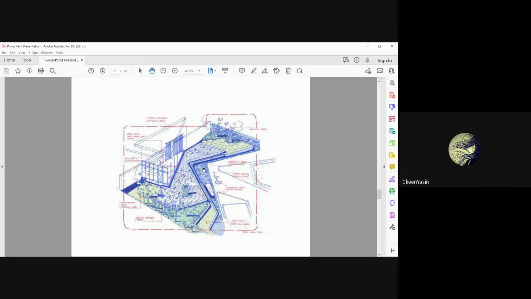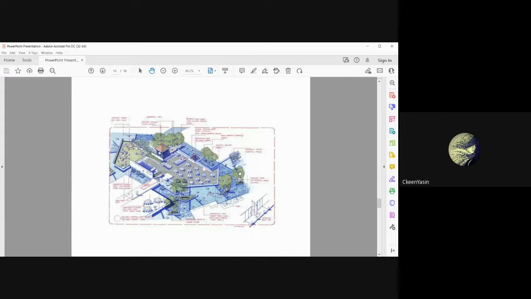Isometric drawing is more or less like a bird's eye view, but it is parallel. It shows everything. It doesn't have any vanishing point. So this is some of the examples of isometric.